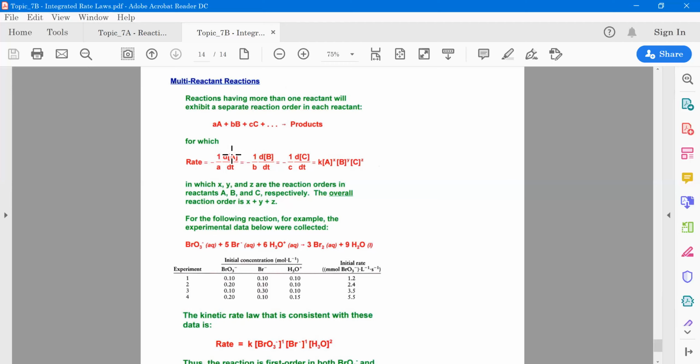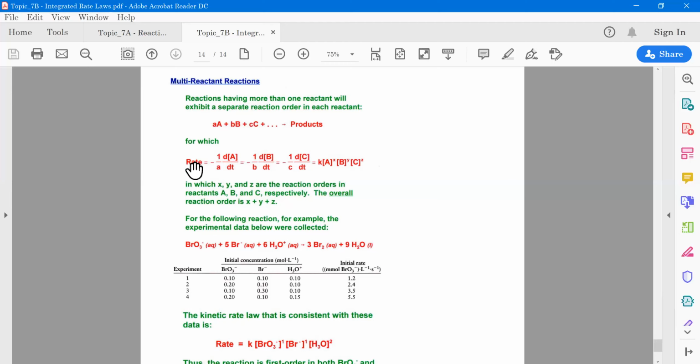minus 1 over a dA/dt, which is equal to minus 1 over b dB/dt, which is equal to 1 over c dC/dt. The reason that all of these are the same expression is because they're all reacting, presumably, at the same time. There's some A, some B, and some C, depending on what these coefficients are.